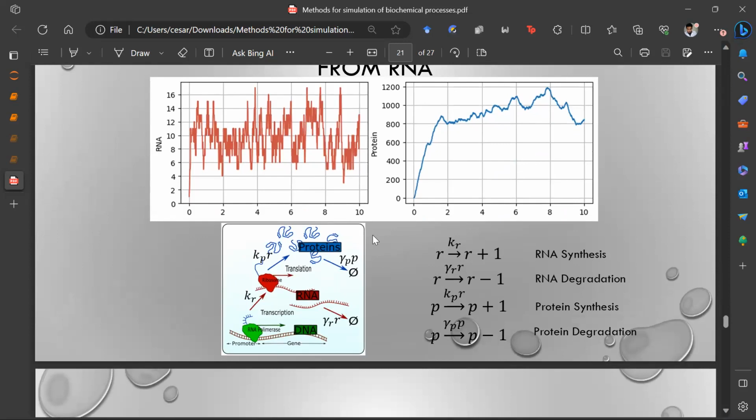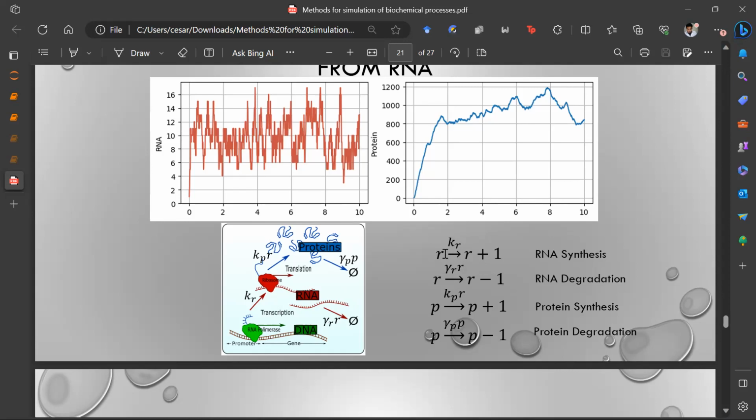So what is the idea? The idea of the model is proposing a birth-death process, but now you're going to have four reactions. The first reaction is the production of RNA, which we're going to call R, that occurs spontaneously at a rate constant Kr, and can also be an exponentially distributed event.